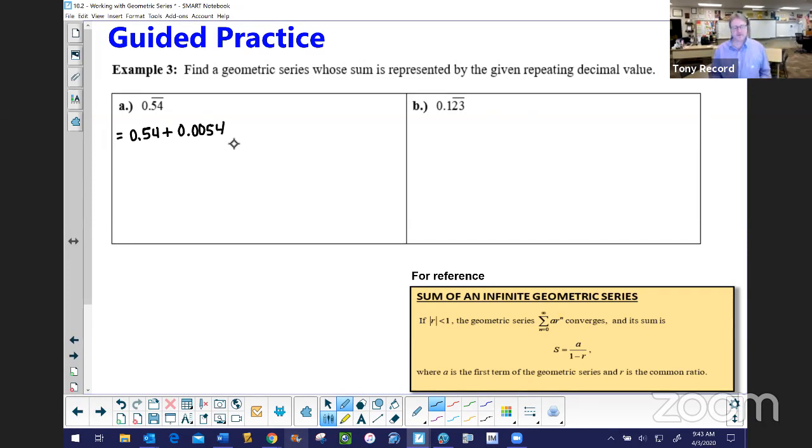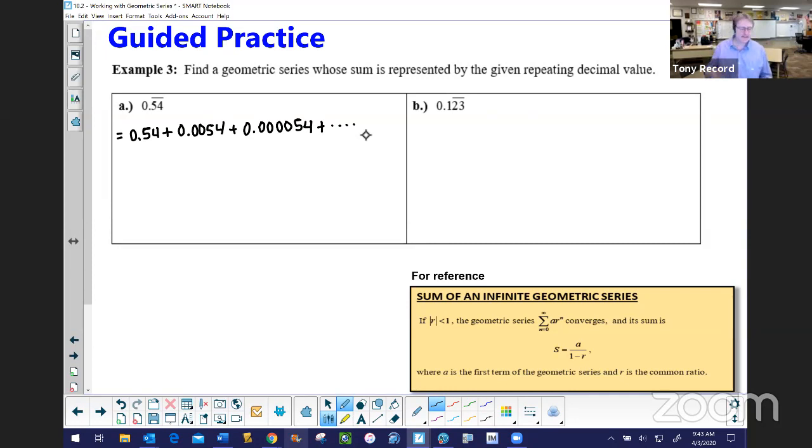And then we'll plop another 5 and 4 down after that. And then if we continue to do this, and it's likely that you may have seen these in a pre-calculus class, we could do this forever and ever and ever, and that will produce this repeating decimal 0.54 repeating.